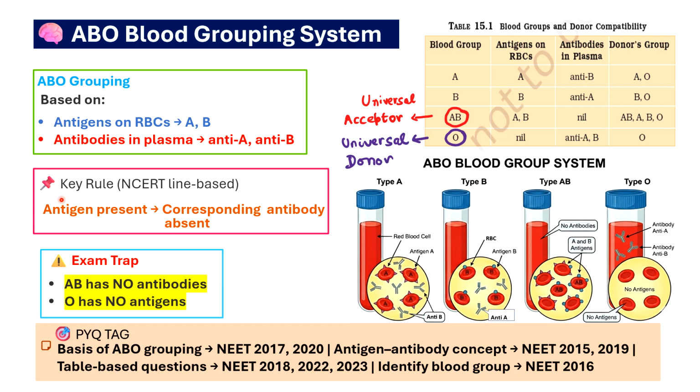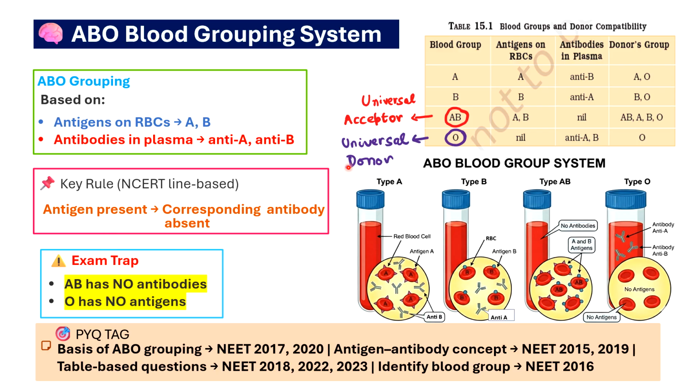The second concept is, to understand this table or the blood types, you should remember whatever antigen is present on the RBC surface, the corresponding antibody should be absent, or the opposite type of antibody should be present. Why? Because otherwise the antibodies will attack its own RBC, right?